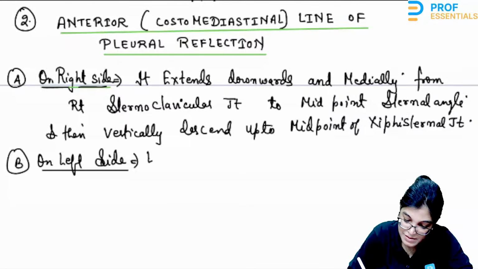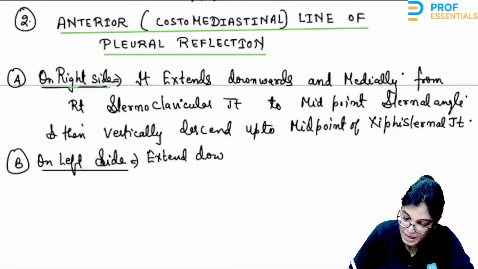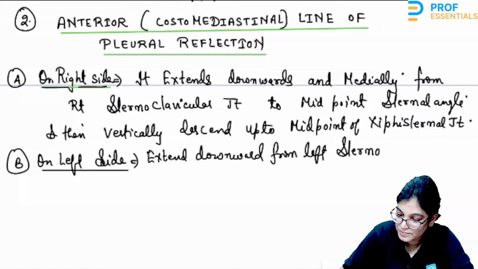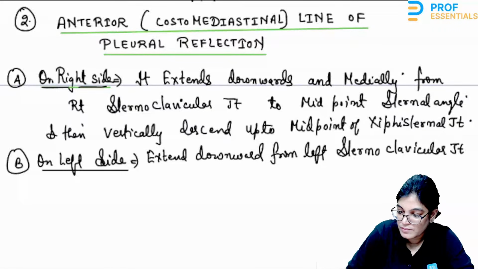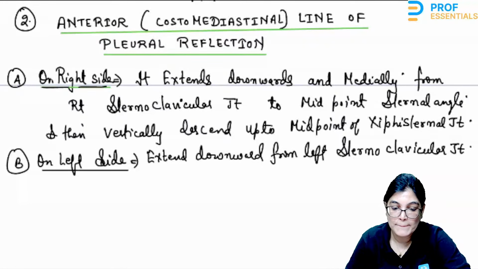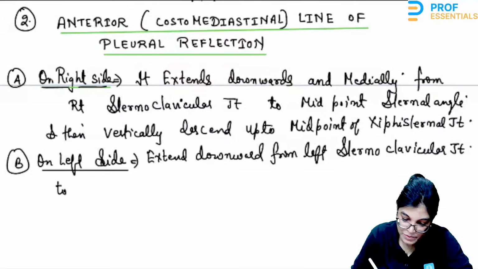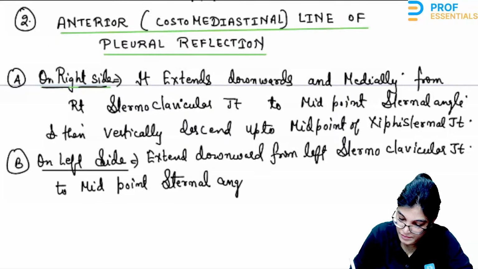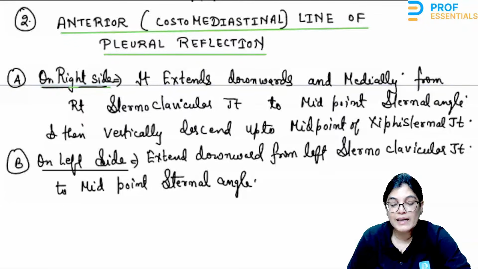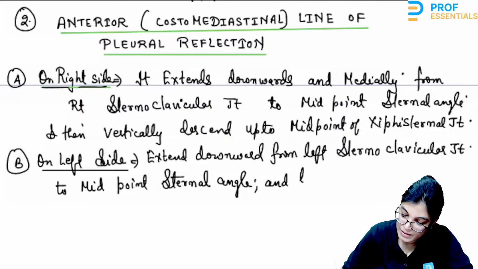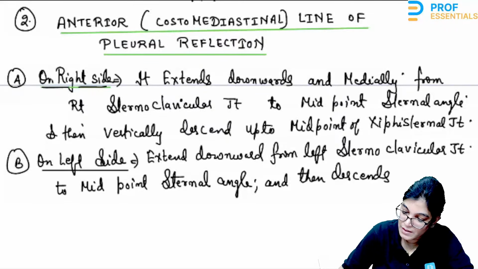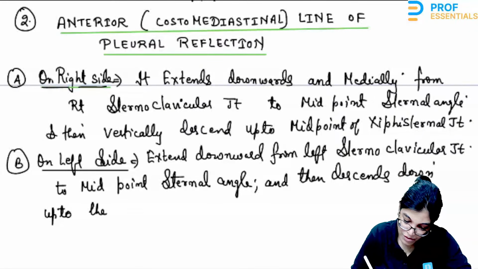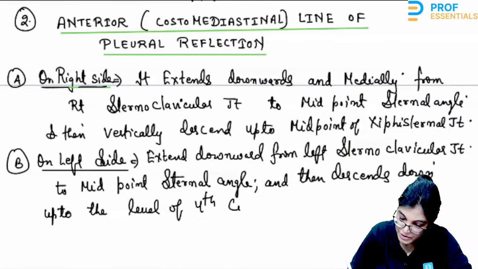So the first initial part is similar. On the left side, it extends downwards from the left sternoclavicular joint to the midpoint of the sternal angle, and then it descends down up to the level of the fourth costal cartilage.